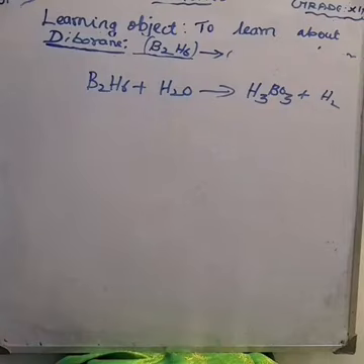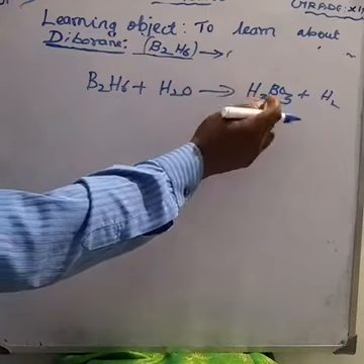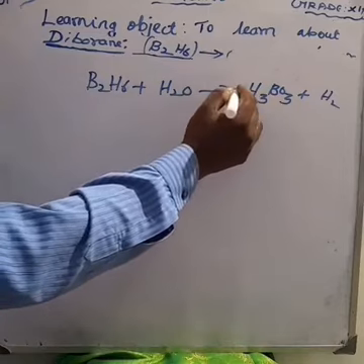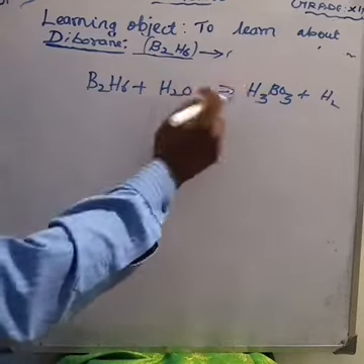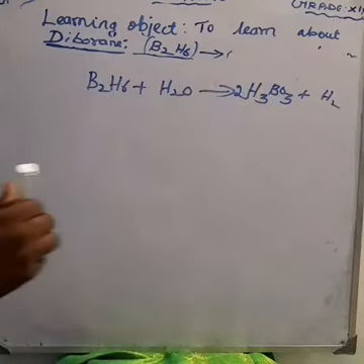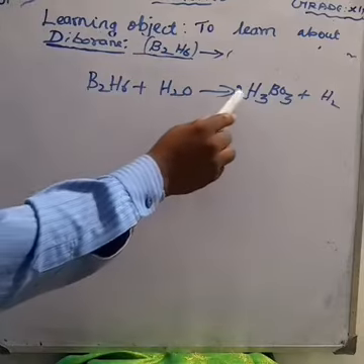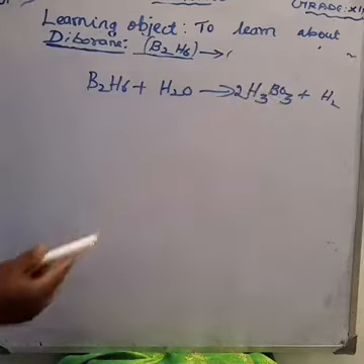How can we balance the reaction? The reactant side has 2 boron, the product side has 3 boron, so make it 2 here. Now, borons are balanced. What about the hydrogen? First we can come to the oxygen. 2 into 3 is equal to 6, am I right?